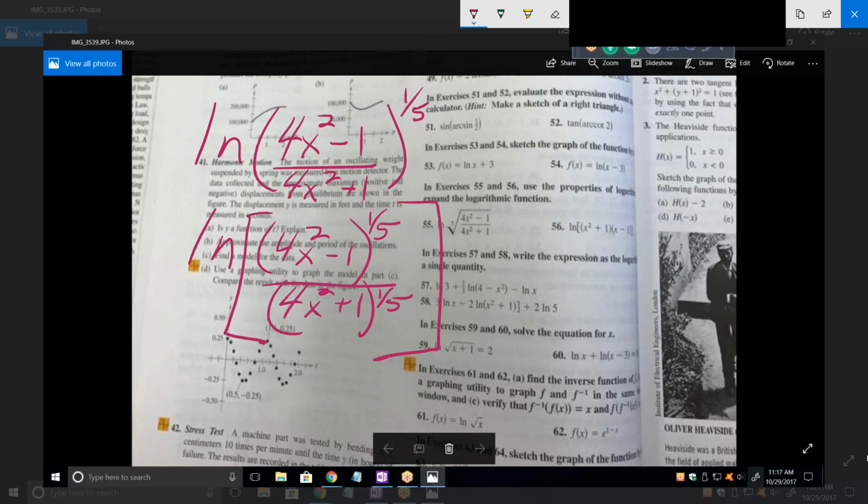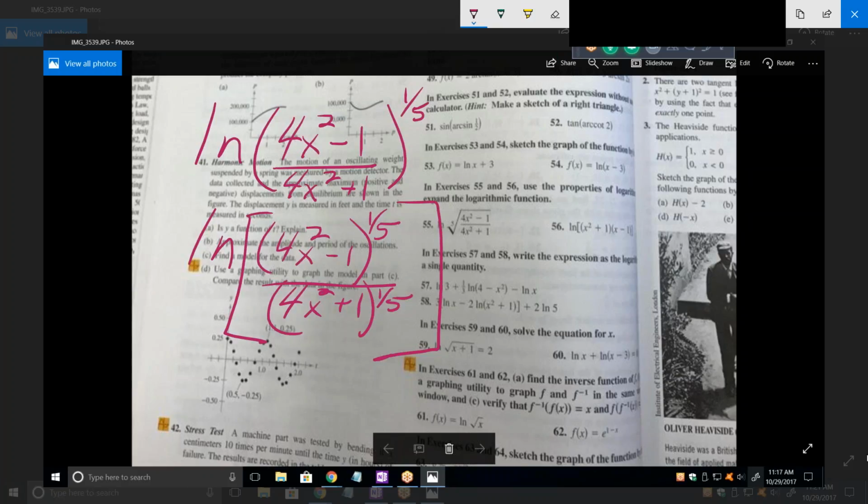With me? Yeah. Okay. Now, properties of logs means that if I am dividing, then I am going to subtract the log expressions.